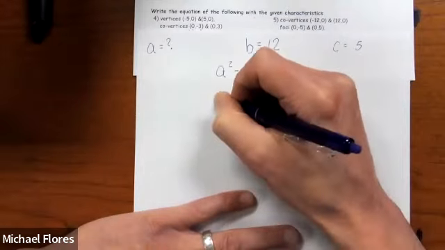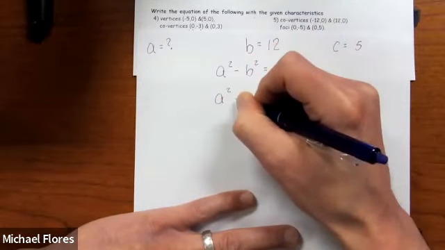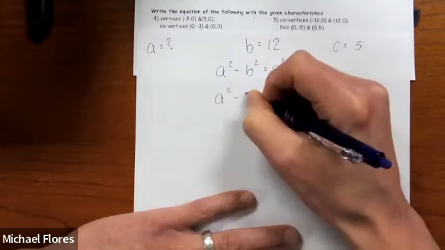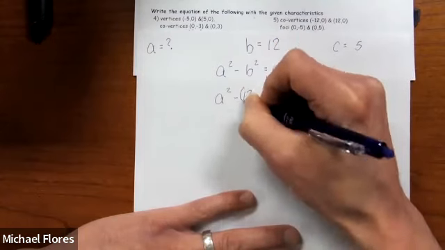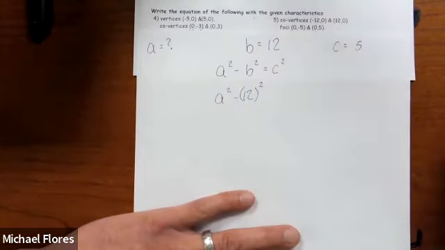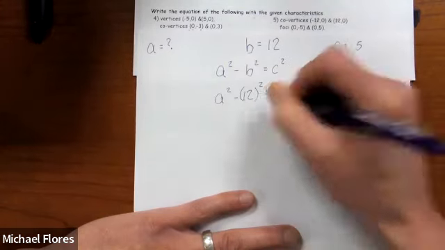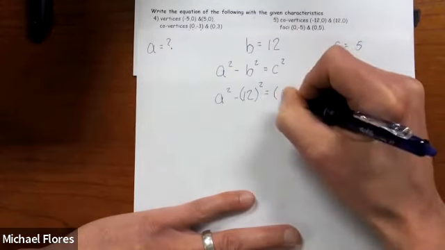We don't know what a is, so we're going to keep that a squared minus our b value, which we need to square, and then we need to square our c value.